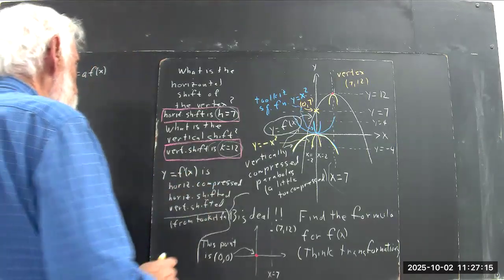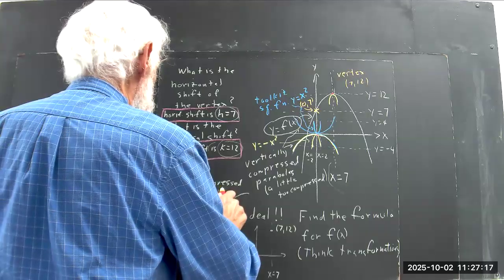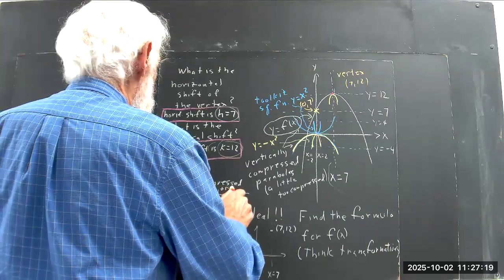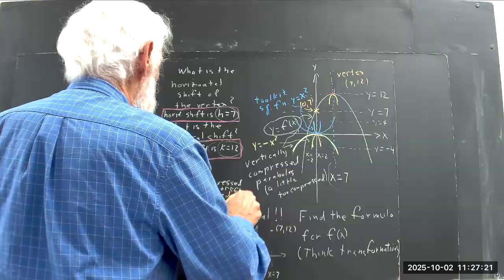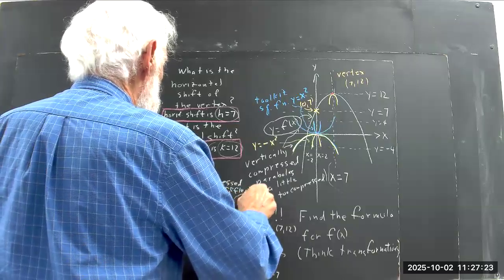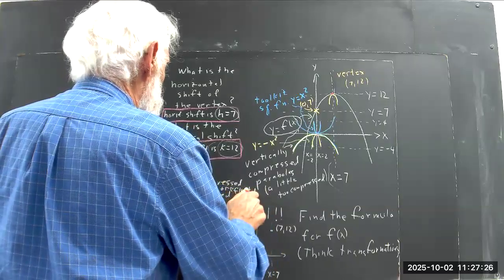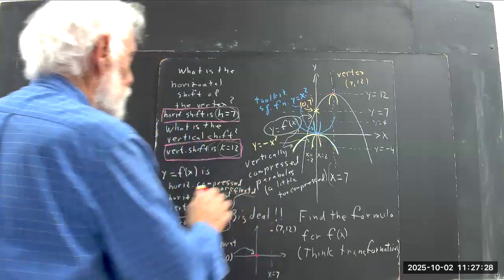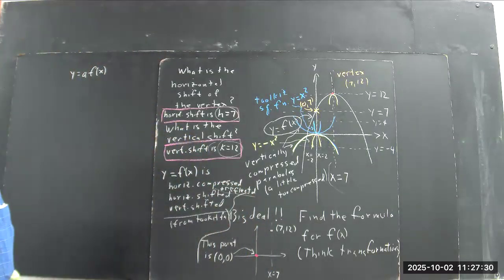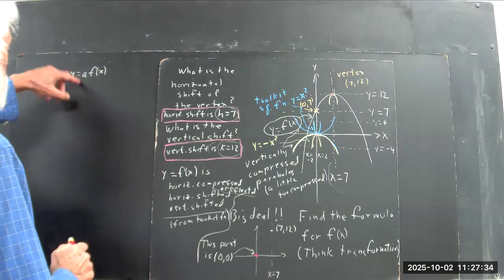I left out a word. And that may be almost impossible to read, and reflected. Okay. y equals af of x.